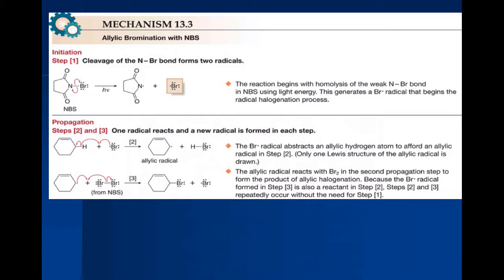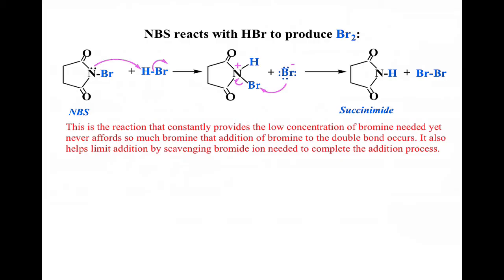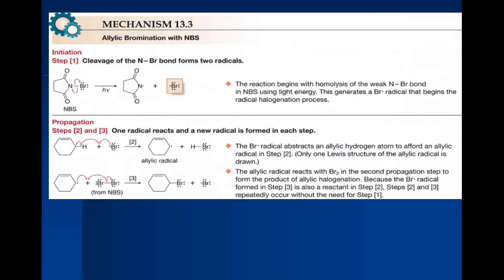How do we get bromine from N-bromosuccinimide? Well, it turns out this is kind of a clever little mechanism. In NBS, this nitrogen has a lone pair, which is, by definition, a Lewis base. What is HBr that just got generated in the reaction? An acid. Is it a strong or a weak acid? It is a strong acid.